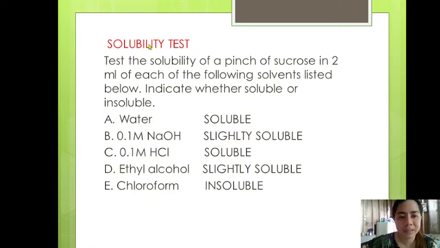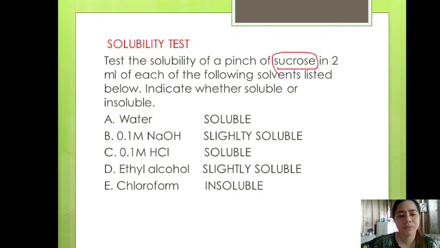Okay, in the solubility test, what does solubility mean? Soluble, it can be dissolved or it can melt. Test the solubility of a pinch of sucrose. Sucrose is a kind of sugar.